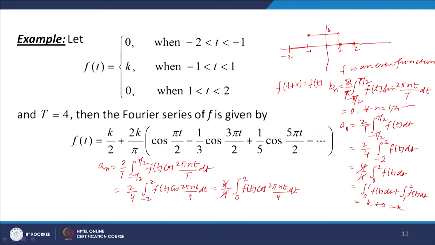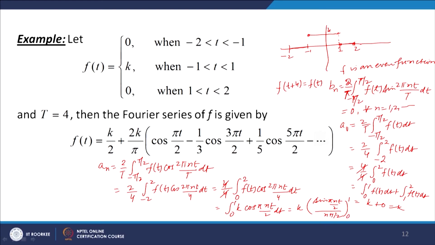So, we can write the integral from 0 to 1 of k times cos(pi n t by 2) dt, and this is k times sin(pi n t by 2) upon n pi by 2, with limits 0 to 1.